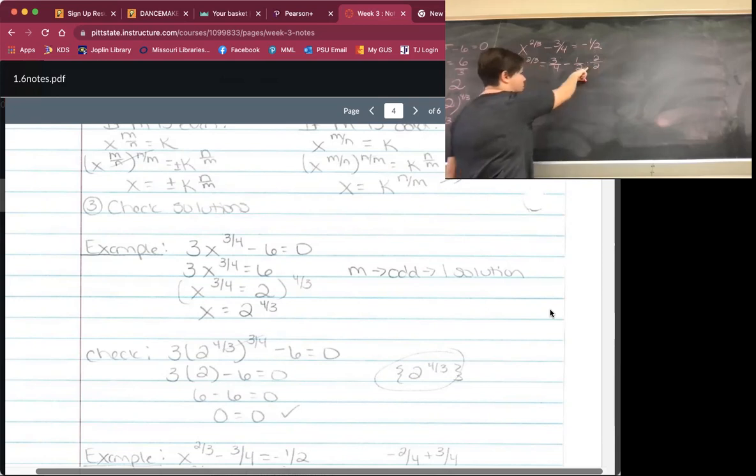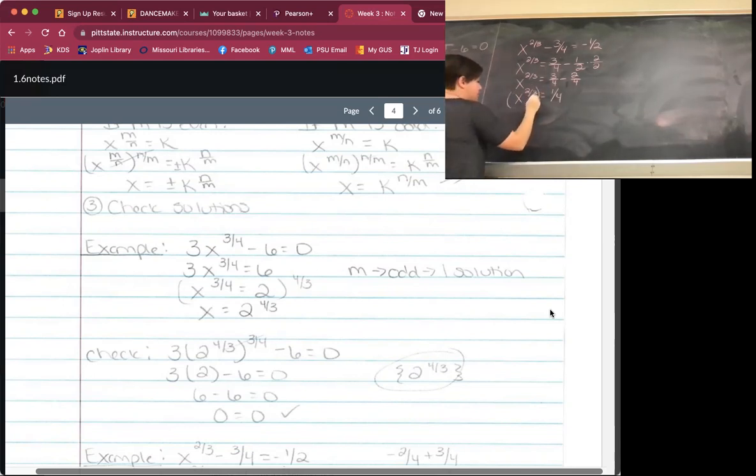And I get that by multiplying 1/2 by 2/2. That becomes 2/4. So x to the 2/3 equals 1/4, because 3/4 minus 2/4 equals 1/4.